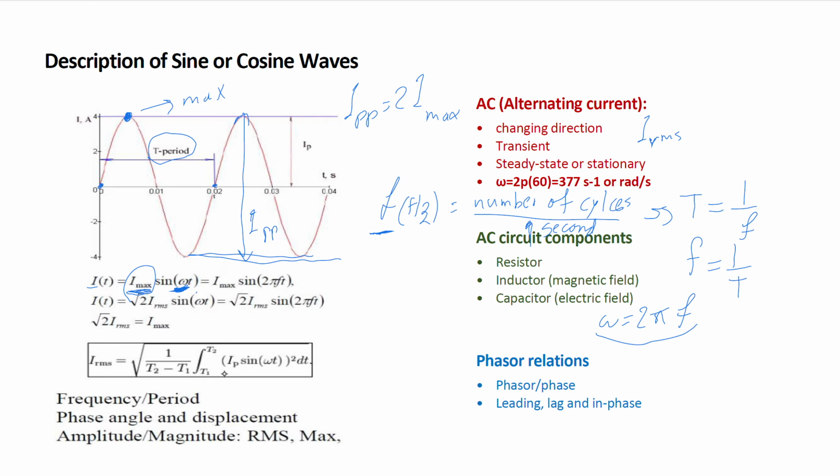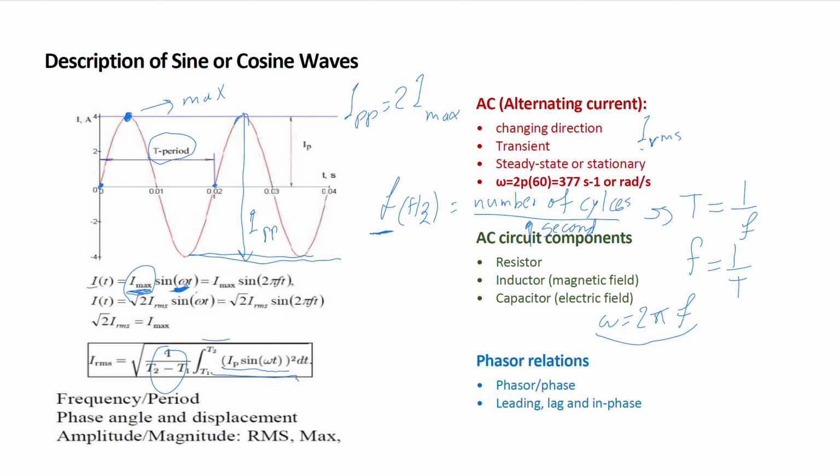So basically you would have a summation of the square of the values in one period, and then take an average of that, and the result would be under a square root. So root mean square, and it's going to be I equal to RMS.